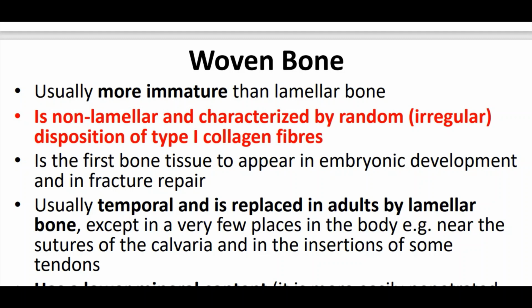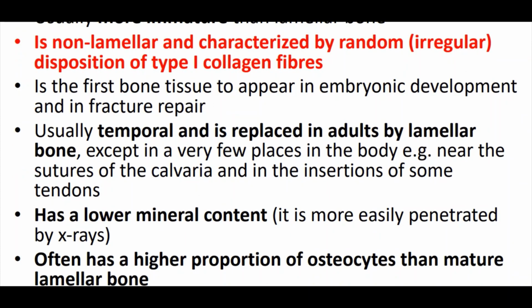It is usually temporary and is replaced in adults by lamellar bone, except in a very few places in the body. For example, near the sutures of the calvaria, where the bones of the skull are meeting, and in the insertions of some tendons. So where the tendons are inserting on the bone, that's where you find woven bone.